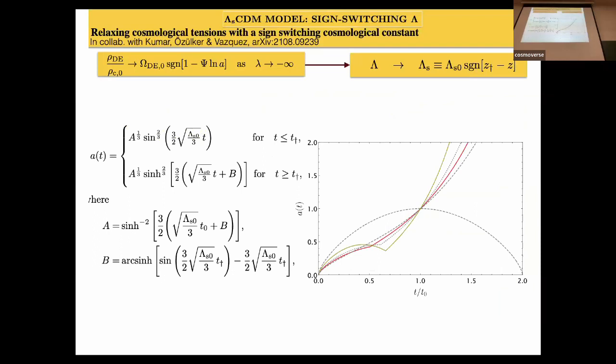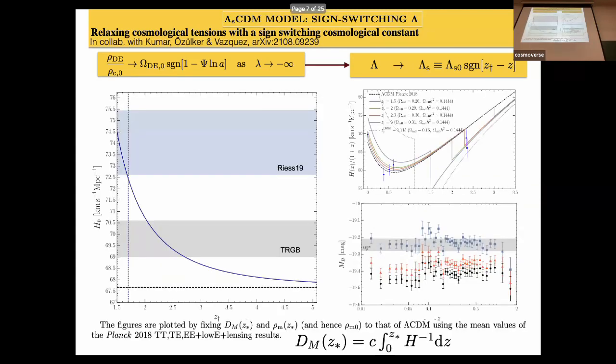So the lambda goes to minus infinity limit is a sign-switching cosmological constant. This is a sign function. So you have a negative cosmological constant in the past. In the late universe, I mean, at low redshift, you have a positive cosmological constant. So this is an exact solution. Instead of a hyperbolic sine function, now you have a sine function in the early universe.